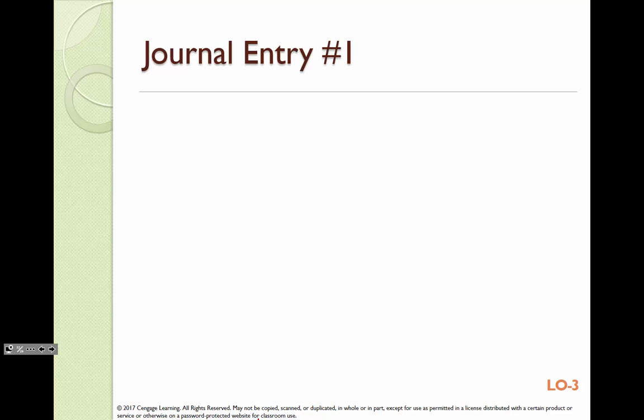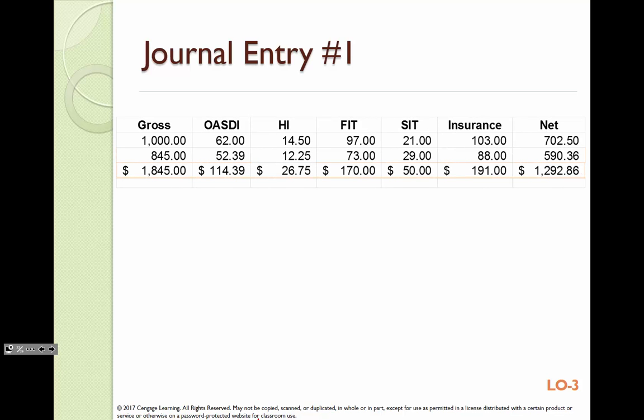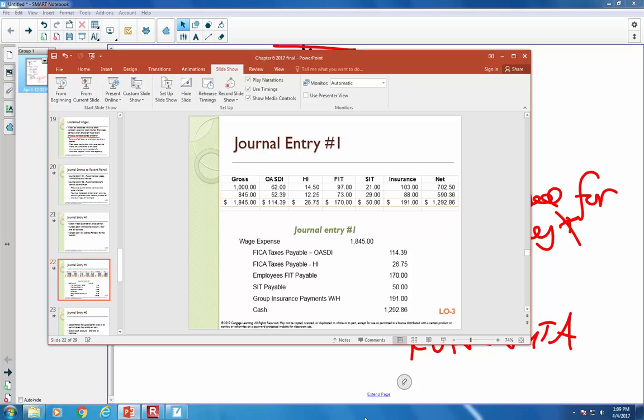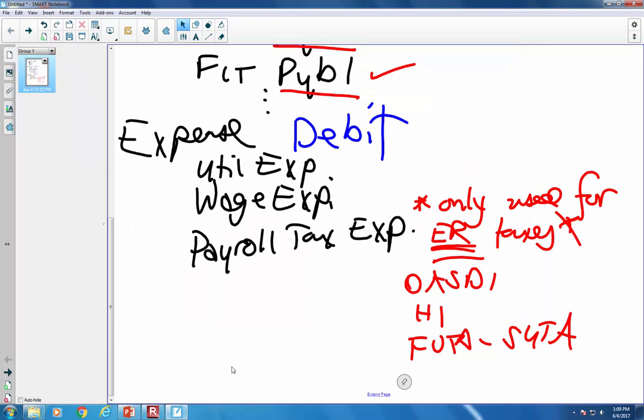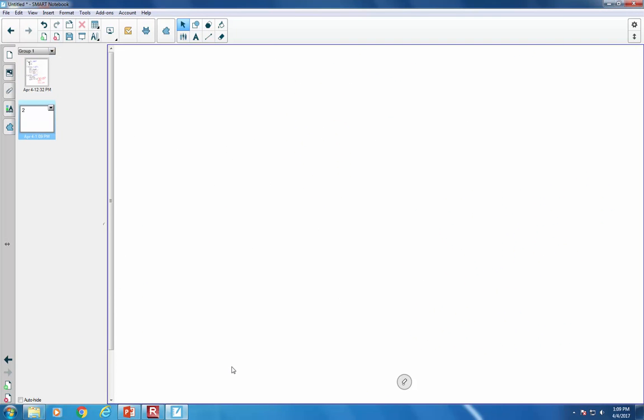So let's try this one. Get out your notes, or your notebook, please, and let's set up a journal. Does everybody remember how to do that? What are our 4 column headings? Anybody remember? So we're making a journal entry.